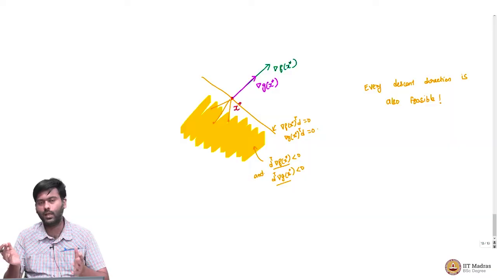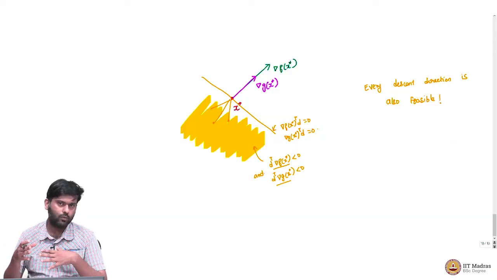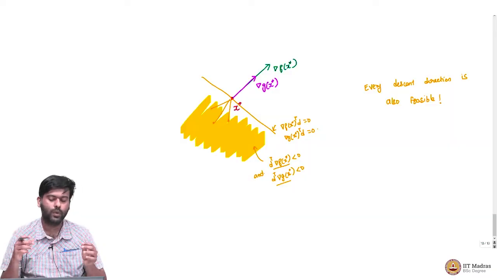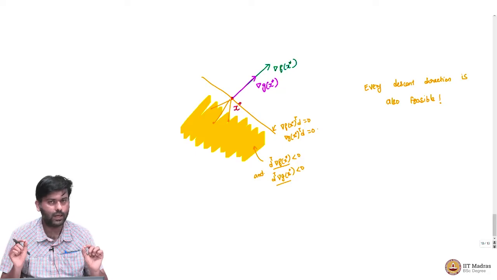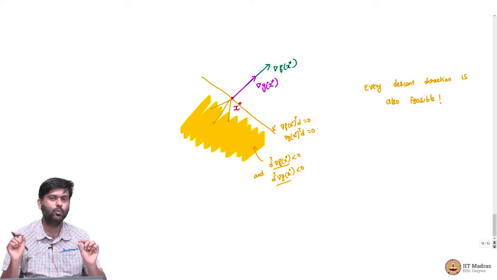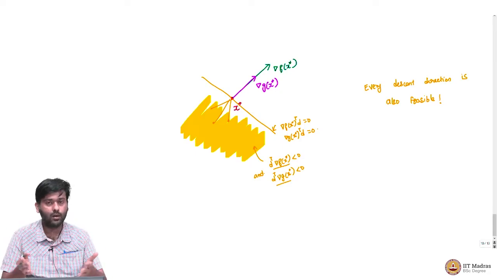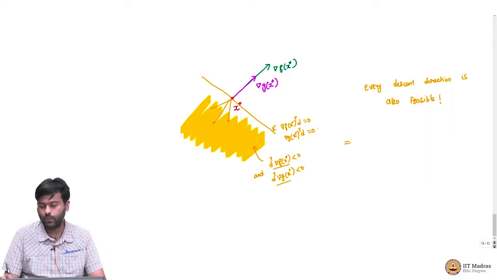At least in the previous case there were some directions where if you descended you may not be feasible, but all we need is a single direction to disprove my claim that x star is optimal. Here there is a whole half space of directions, right. So, x star again cannot be optimal for the configuration drawn above.